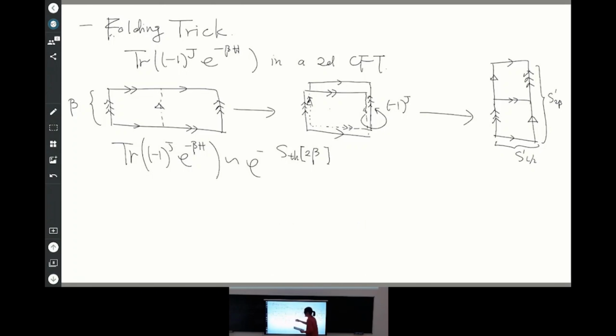Remember that in the expression of the thermal effective action, there was some beta floating around. I should replace all of them by 2 beta. In addition to that, now the thermal effective action is defined on a spatial slice which has length L over 2 instead of L. So that means I need to put an extra 1/2 in front of the thermal effective action.